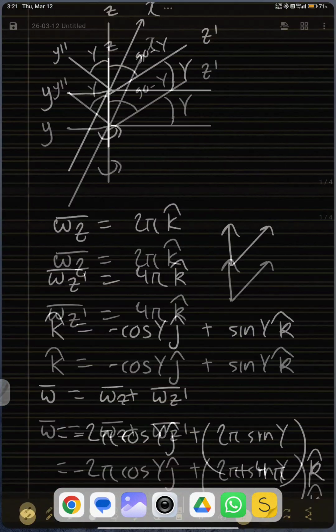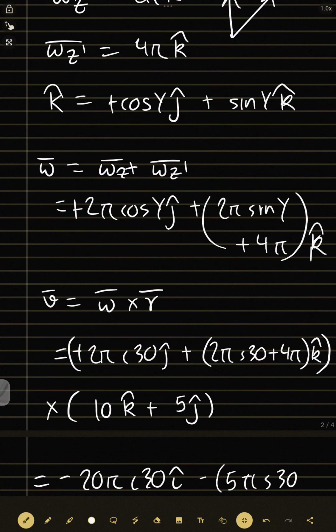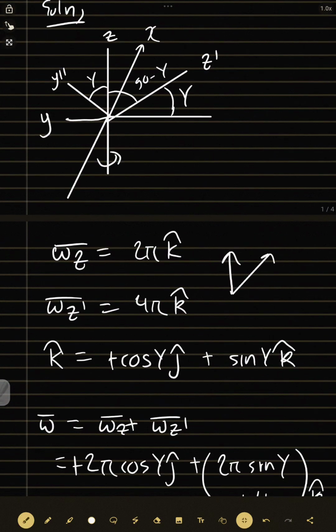So omega is 1 pi k. Is gamma given to you?